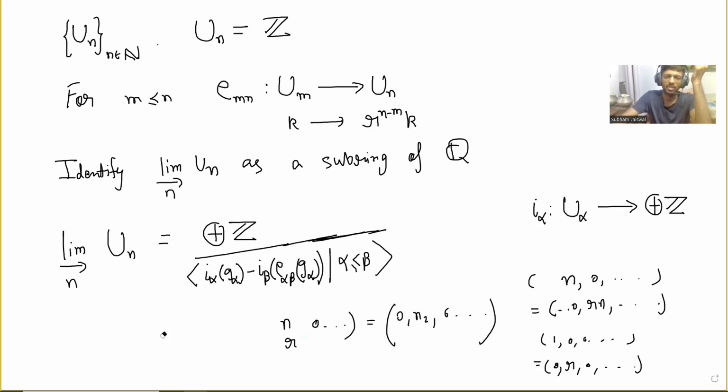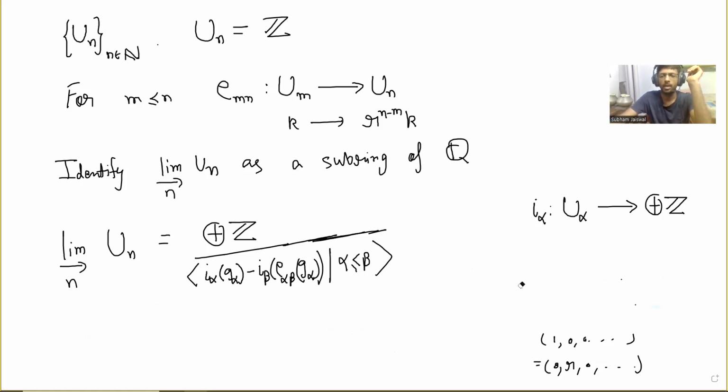It's a subring of Q, so this dividing thing might make sense. It returns a rational number. So the guess is Z adjoin 1 by R, polynomial type.